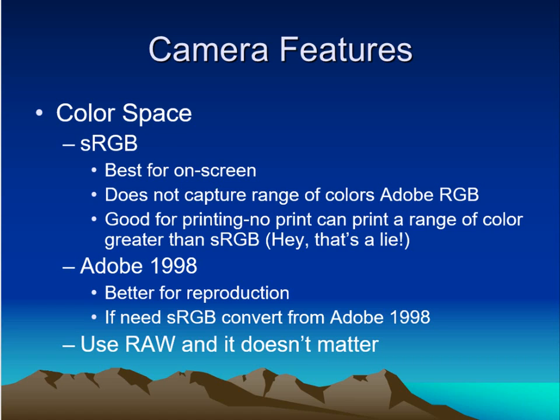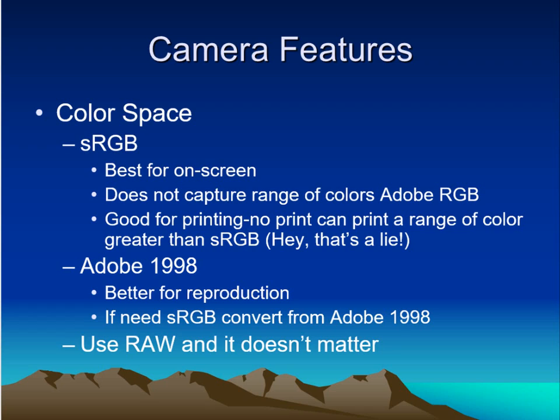You don't know what's going to happen, but you might as well shoot the color profile that gives you the most information. You can always downsize to sRGB and take an Adobe 1998 and convert it to an sRGB and then put it on the web. And that is what I recommend you do. Now, this color space thing, what's important to know is if you shoot RAW files, it doesn't really matter what your color space is because a RAW file pretty much captures everything in great detail.